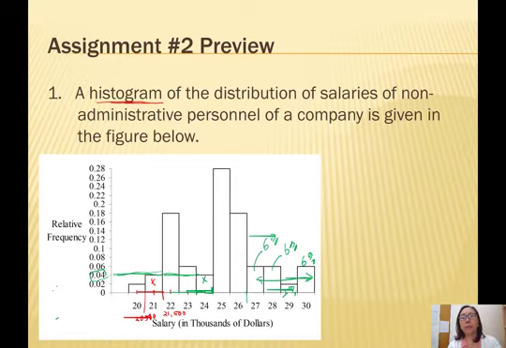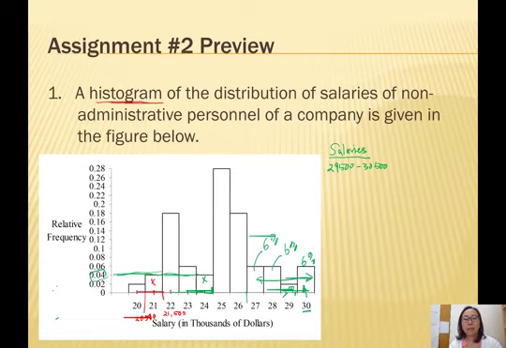The first thing we want to do is create a column called salaries. And we know that typically a frequency table begins with the highest number, right? In this case, the highest salary. And that's going to be represented by the number 30 here. To read this graph, it's going to be between 29,500 and 30,500. And that's going to be the first item on there.